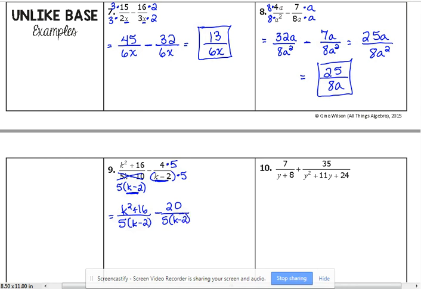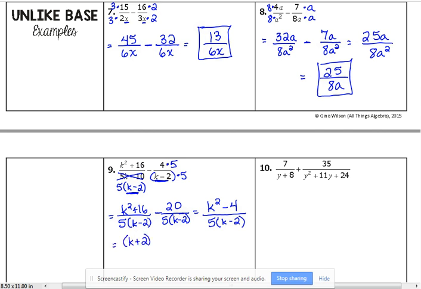So we have the same denominators. We can combine their numerators. So k squared, 16 minus 20 is negative 4. After we combine them, what's the next thing that we're looking for? Can we factor the numerator? Yes.